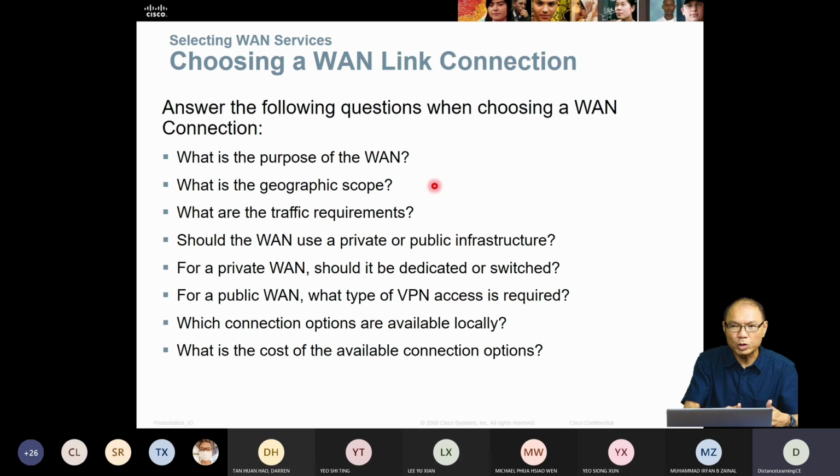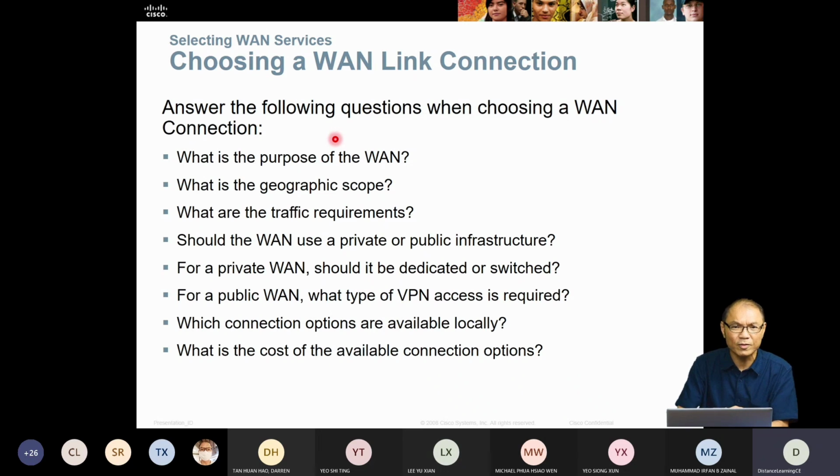Or you may also want to check that your destination country has very good network connectivity, for you to be able to decide what type of network connection you want to use. Sometimes you want to use satellite, but then the other side does not have satellite. Or sometimes you want to use wireless 5G technology, but the other side only has 3G technology, for example. So you have to look at the geographical scope of your connection as well.